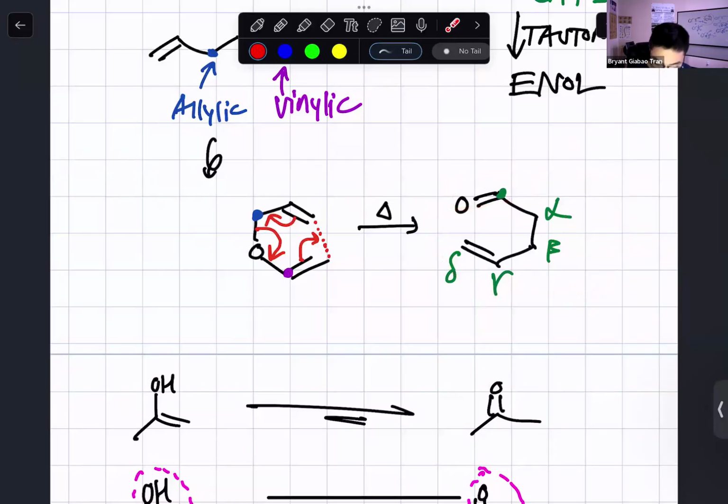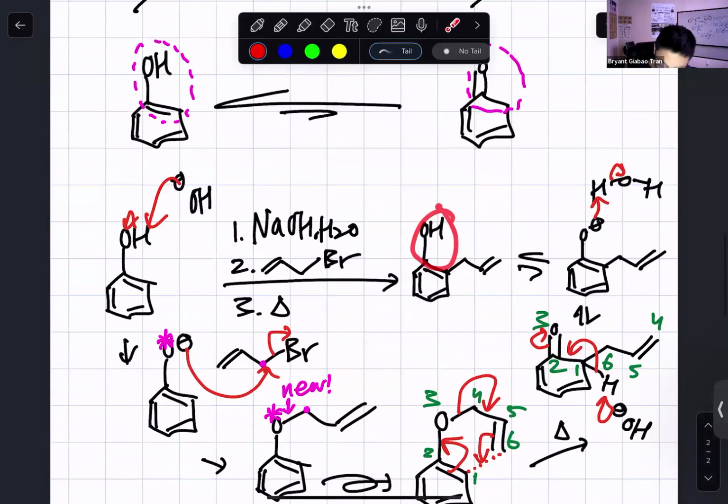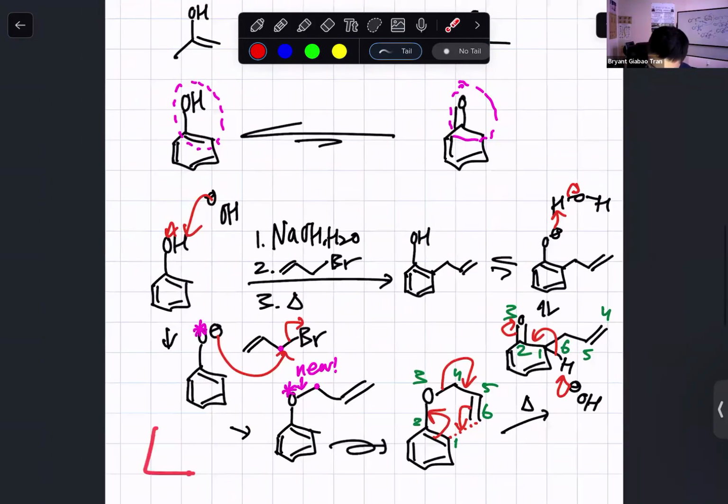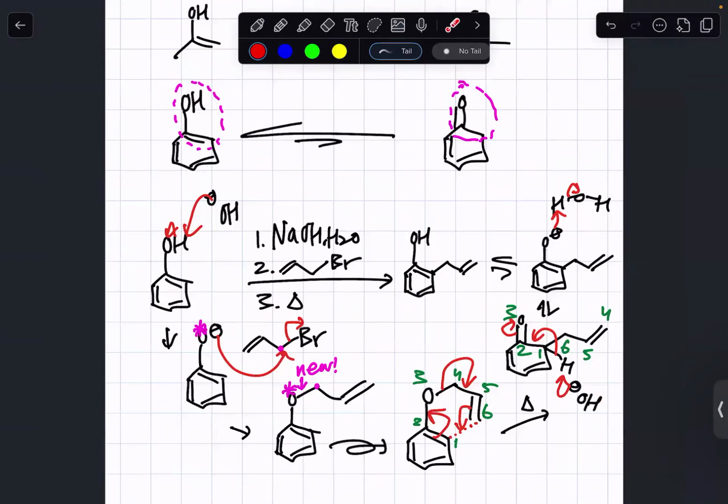It doesn't want to go back to the enol, doesn't want to make an alkene there, and doesn't want an OH here because that enol form is less favorable. But in this case, the enol form is more favorable because of the aromatic ring. So know this problem for sure. Okay. So that is Claisen rearrangement.